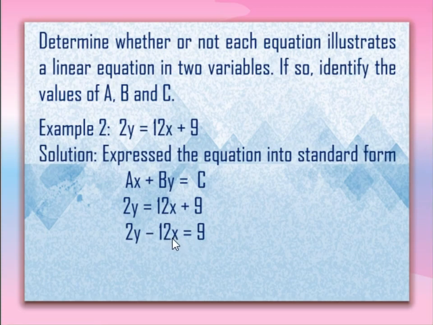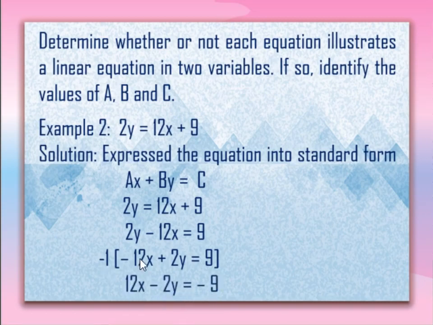If the coefficient of x is negative, we need to make it positive by multiplying the whole equation by -1. So, we have -1 times -12x is positive 12x, and -1 times positive 2y is -2y. -1 times 9 will become -9. We now have 12x minus 2y is equal to -9.